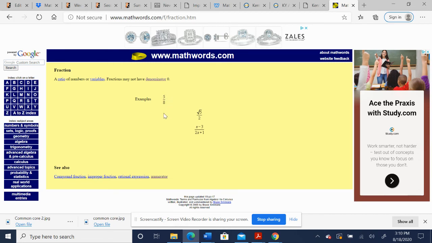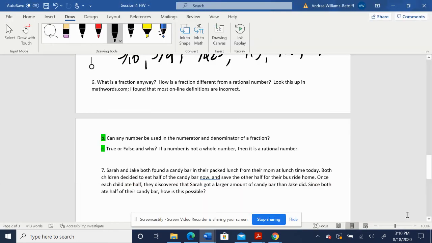A ratio is compared by division. Particularly, a fraction is a part to whole ratio. We have 5 parts out of the whole of 8. So it's not different. It's a comparison of 2 numbers. Top part is the parts, bottom part is the whole.